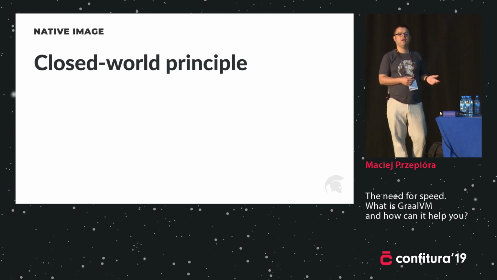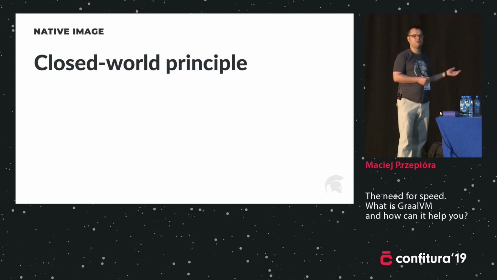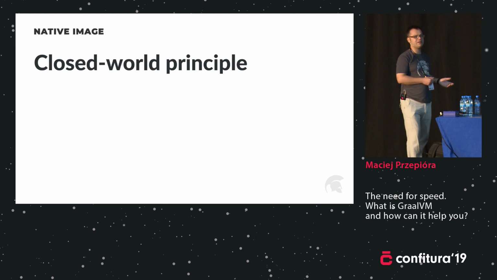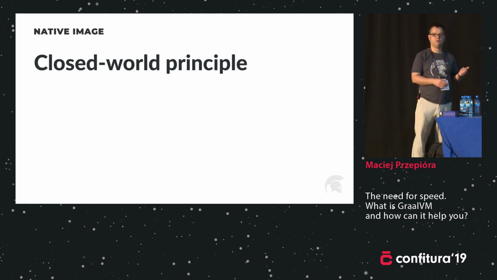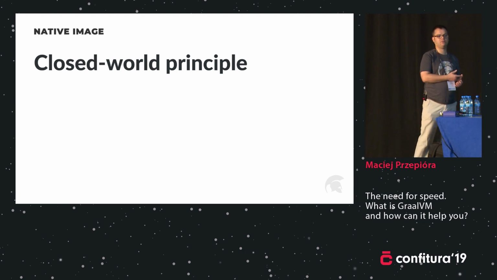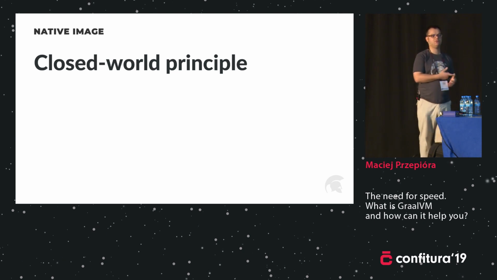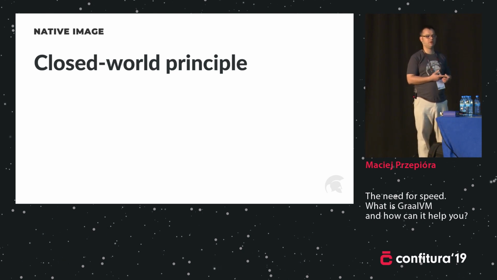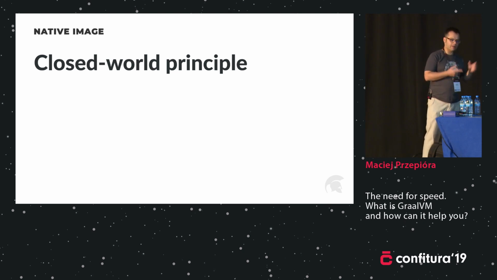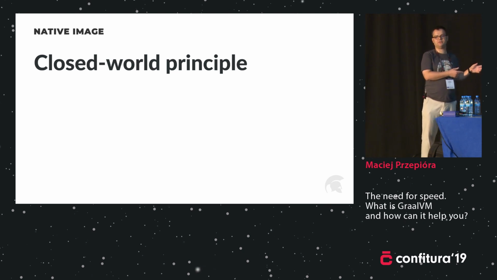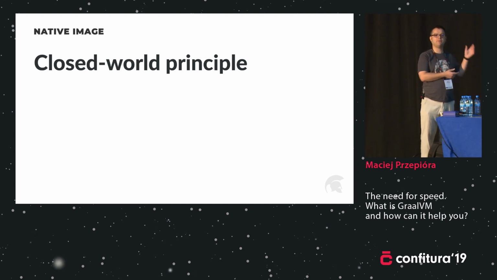If you use the native image generator tool, it will get rid of all that stuff because we don't allow loading classes at runtime. It all needs to be compiled into native code already. And that's the basic promise of native image, that you can have your Java code start up really quickly.